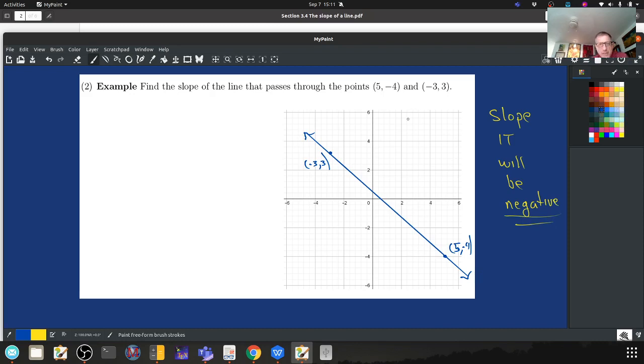So again, I have 2 points. 5, -4, it does not matter where you put these. And -3 and 3. So my slope is going to be -4 minus 3 over 5 minus, and here, let me do something.